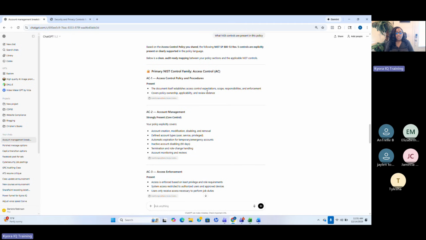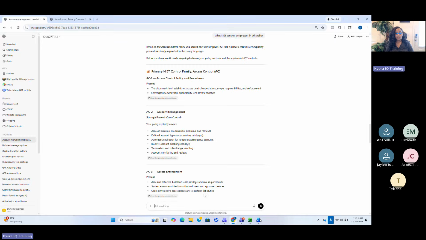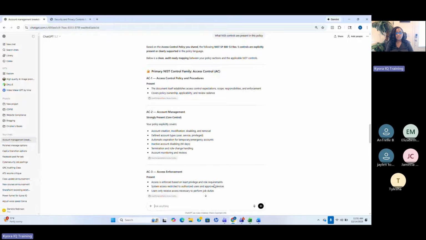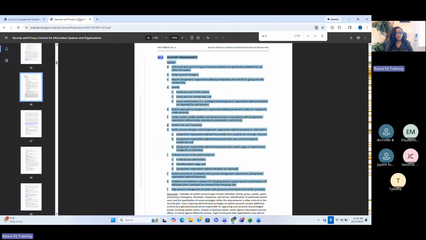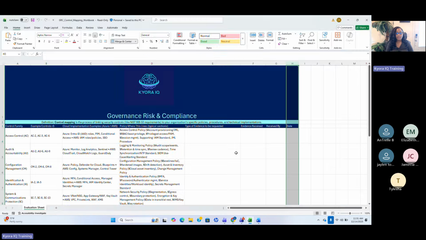Okay, with that being said, now that you understand your policies, how to look for certain controls within the policy, you have your workbook that has policies, and you understand how to use ChatGPT to work smarter, not harder. You also have your NIST control. The next step is to actually practice using your workbook and auditing, right?